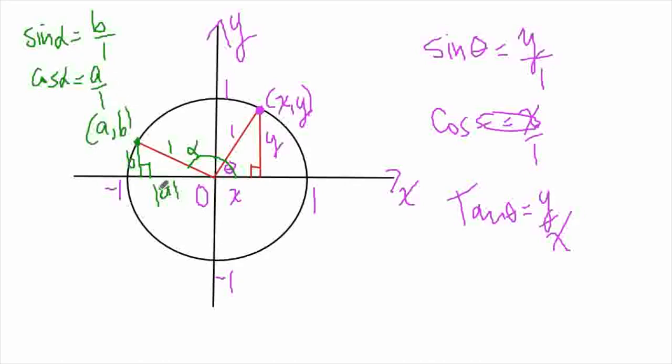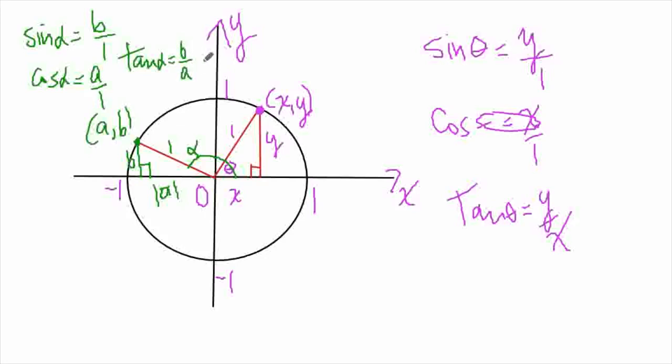When I drew it, I was drawing the length, which is the absolute value, but the cosine can be negative. And then the tangent of alpha is b over a. Hopefully this is review for you.